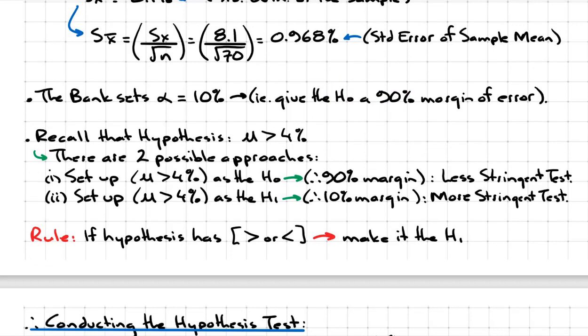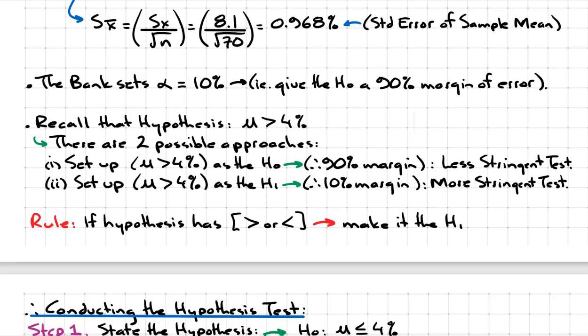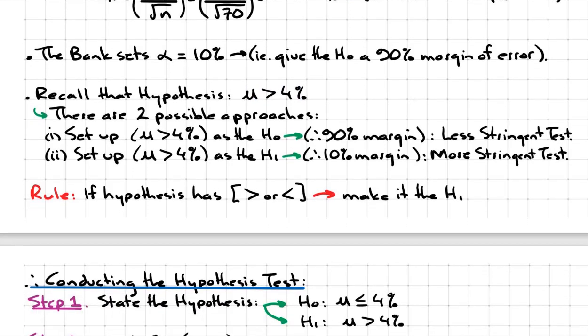Now, how do we set up the hypothesis? Recall the hypothesis was that the average default loss is expected to exceed 4%. Now there's two ways we can set this up. If you set this hypothesis up as the null, then remember you're giving the null a 90% margin of error. That's a pretty wide goalpost, right?